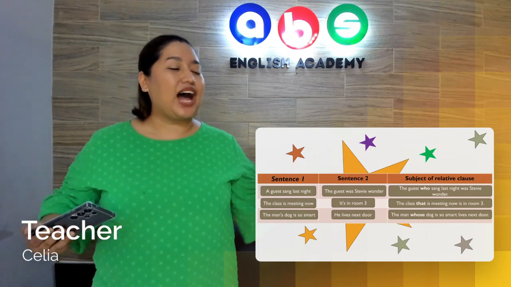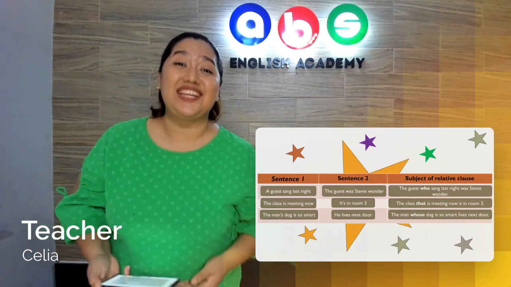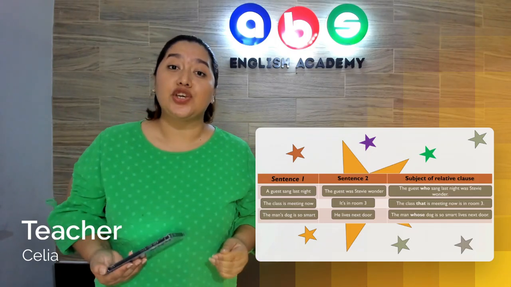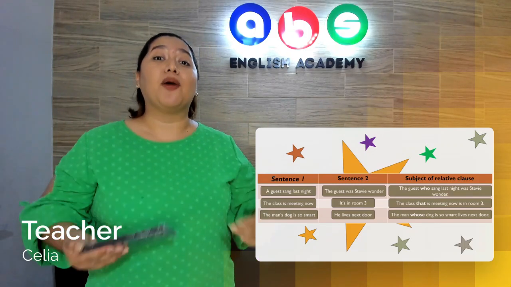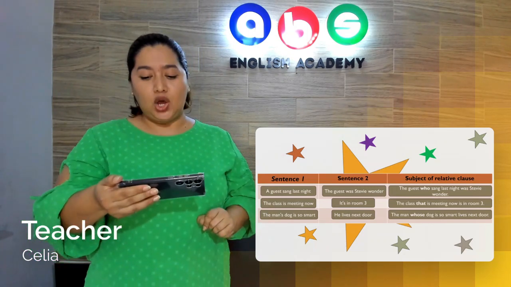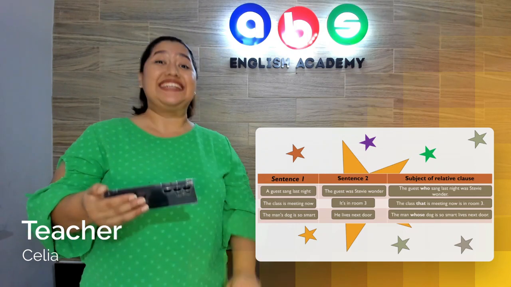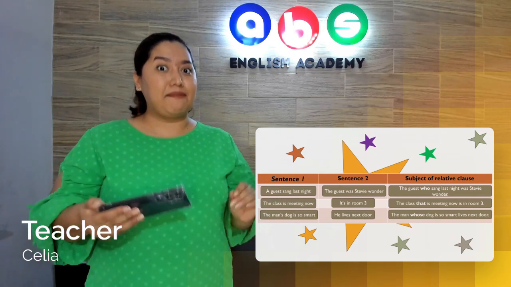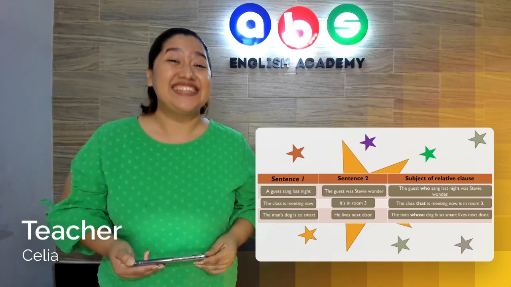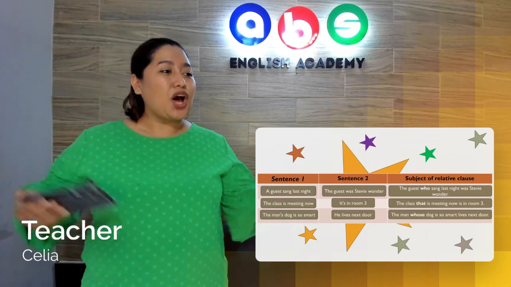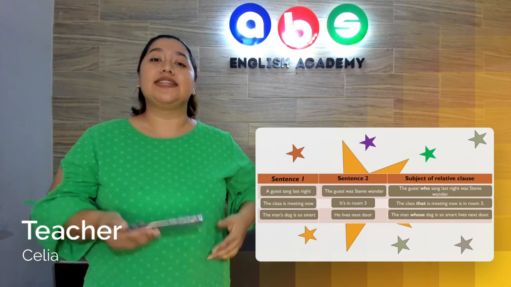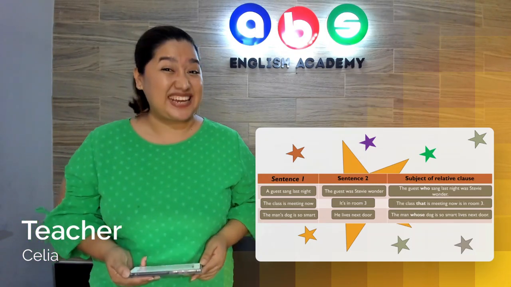Let's see the result and how we can connect these two ideas into one using a relative pronoun. In this case, we need to use a relative pronoun about possession. For example: the man whose dog is so smart lives next door. Can you see? This is how we connect two ideas into one using this relative pronoun for possession.